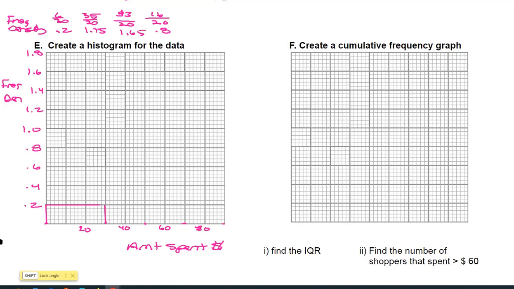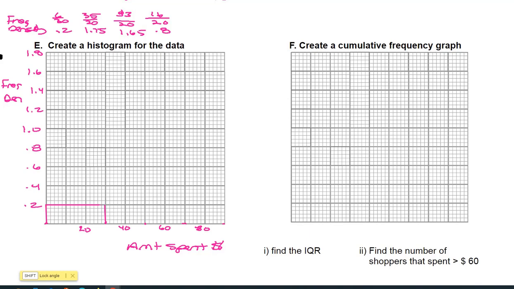My next one is going to be 1.75. I take a look at this, and you see that it goes from 0.8 to 0.6, so that's 0.2, and there's 1, 2, 3, 4, 5.